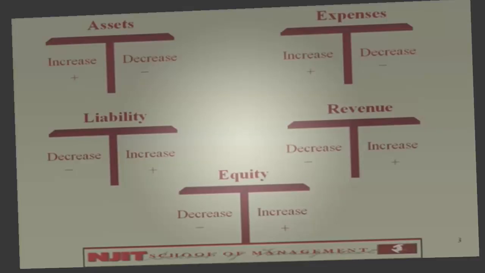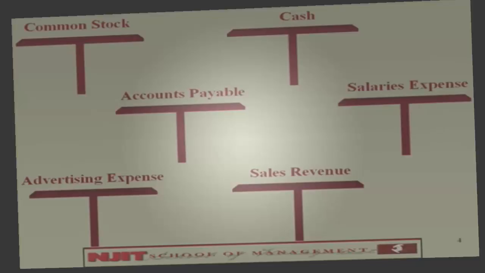Now, I want you to do a short exercise. It won't take you more than 5 minutes. I'm going to show you 6 accounts. Here they are: common stock, cash, accounts payable, salaries expense, advertising expense, sales revenue.